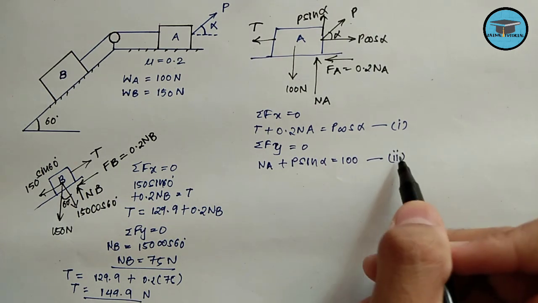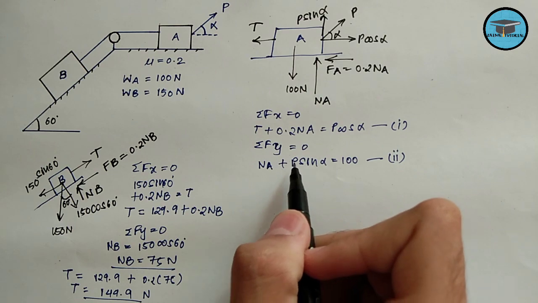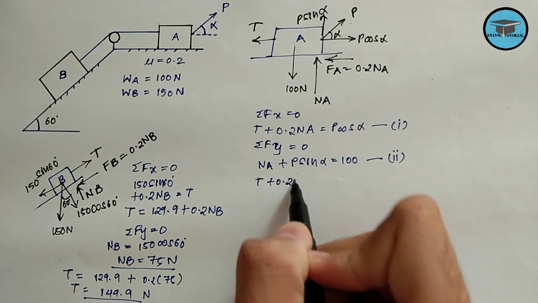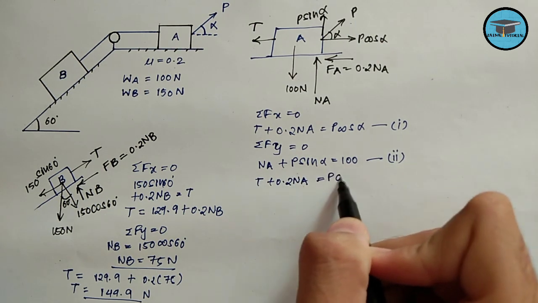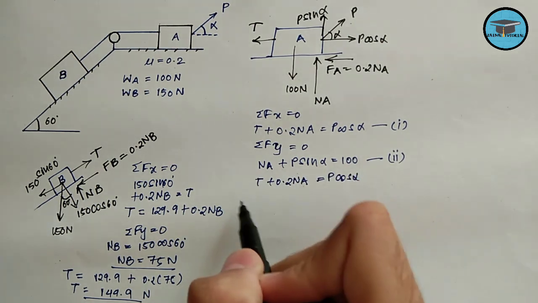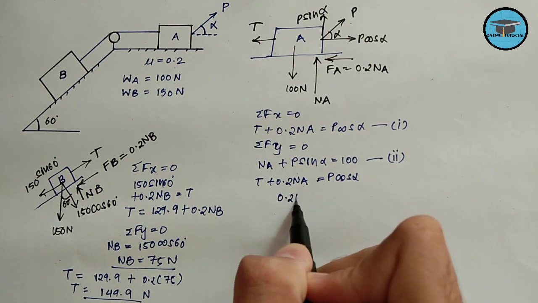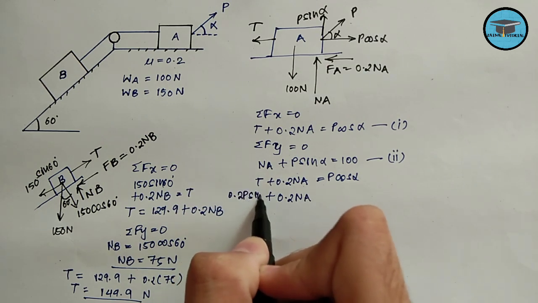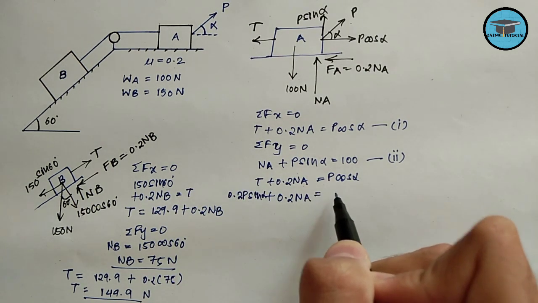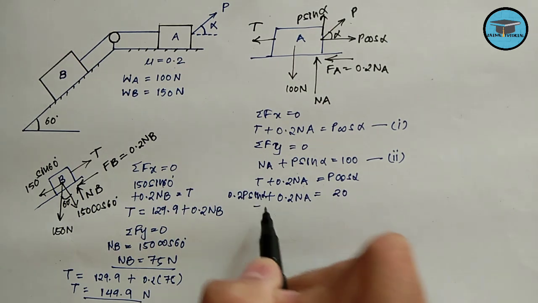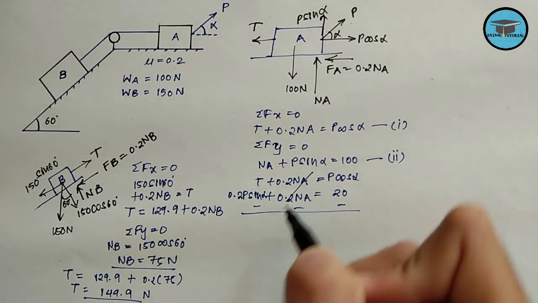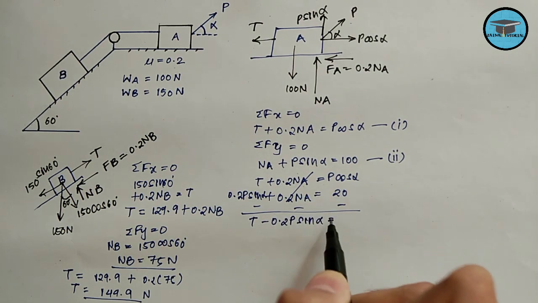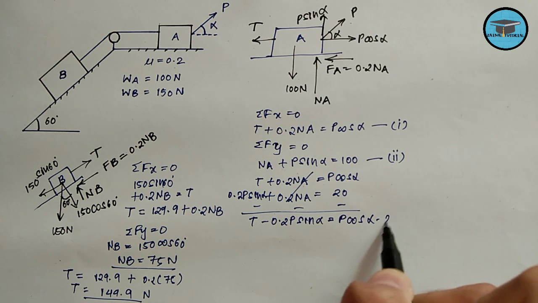Now we multiply equation 2 with 0.2 and subtract it from equation 1. Multiplying equation 2 with 0.2, we get 0.2 NA plus 0.2 P sin alpha equals 100 into 0.2, that is 20. Subtracting it from equation 1, we get T minus 0.2 P sin alpha equals P cos alpha minus 20.